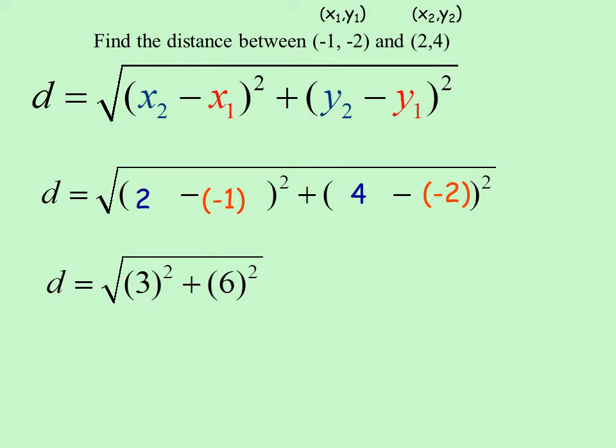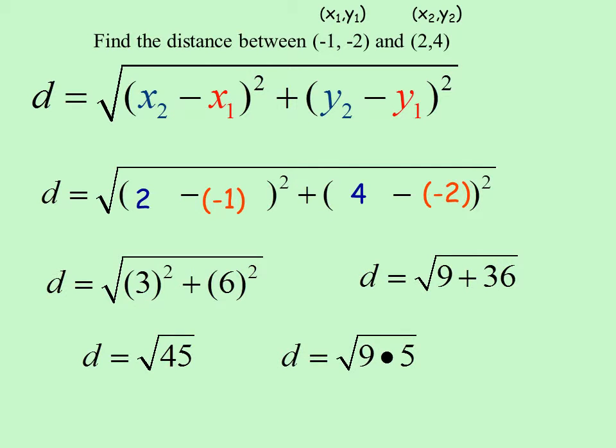So 2 minus a minus 1 is 2 plus 1, which is 3. 4 minus a minus 2 is 4 plus 2, which is 6. I now have to square each one of these numbers and add them together. The square root of 45, I can break that down into the square root of 9 times 5, but the square root of 9 is 3, so 3 times the square root of 5 is the length of that segment.